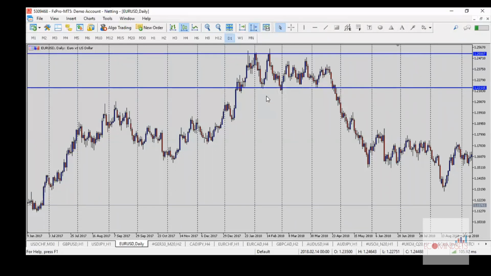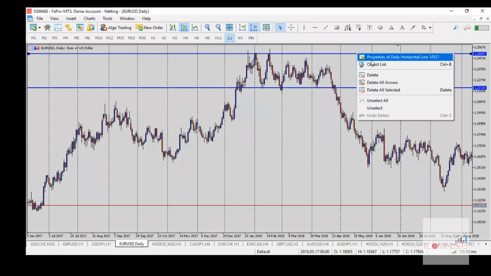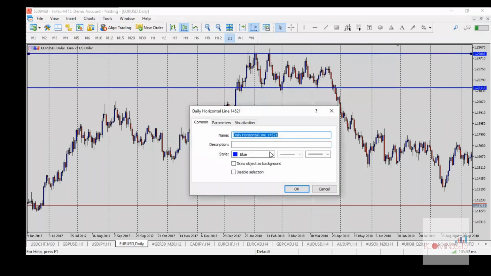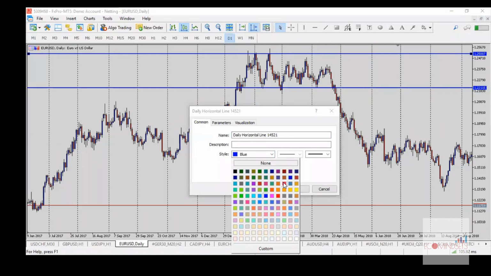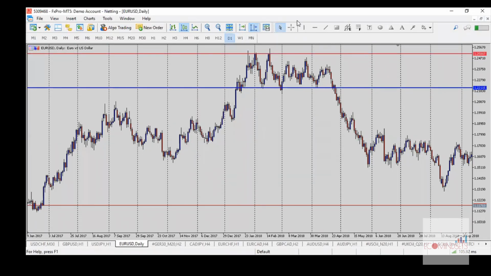So what can we see here? We realize that price is ranging between these two points. Let me change the color of the resistance to red. So we can see that price is ranging between the resistance, which is the red line, and the support, which is the blue line.